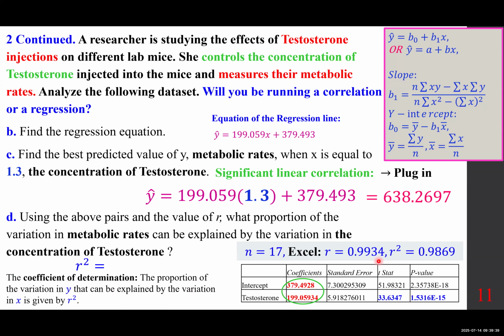They don't have to give you R squared. They have given you R, just square it. When you square it, you get 0.9869, or simply 98.69% of the variation in Y can be explained by the concentration of testosterone. Just a tad, a little bit, can't be explained. It's by other variables.